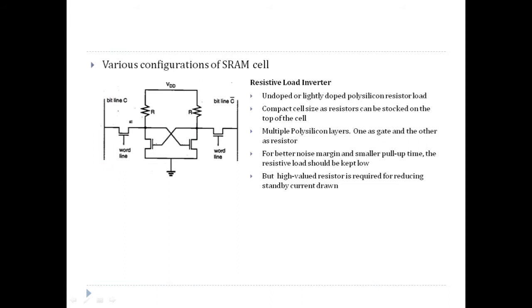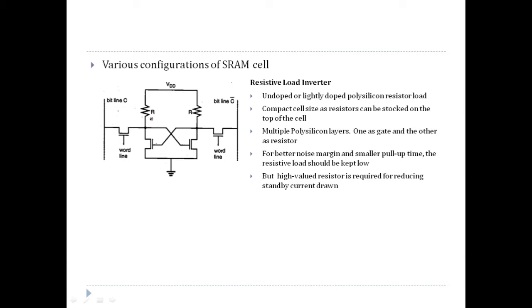Now the resistors are fabricated using doped polysilicon or undoped polysilicon. If polysilicon is fabricated in undoped form, it has very high resistance, and its resistivity can be changed by adding some dopant to it. So based on the requirement of the value of resistor, the doping concentration of polysilicon can be varied.